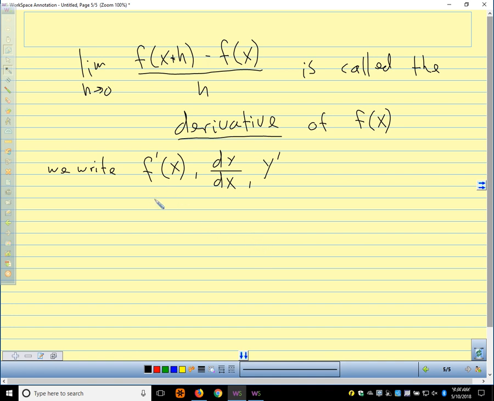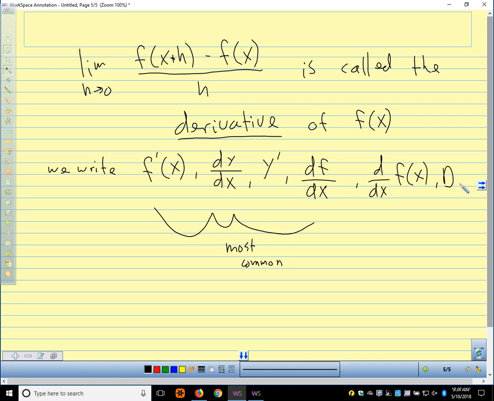One more: df dx, the change in the function as x changes. These are the most common, and they are used kind of interchangeably. Less common, you'll see d dx of f of x, and sometimes d sub x of f of x.